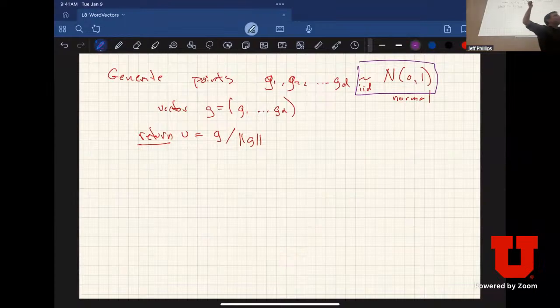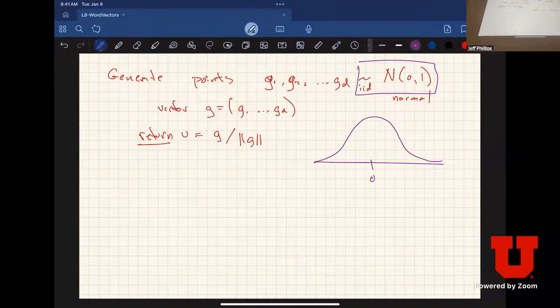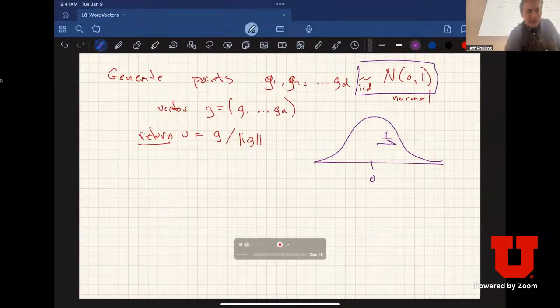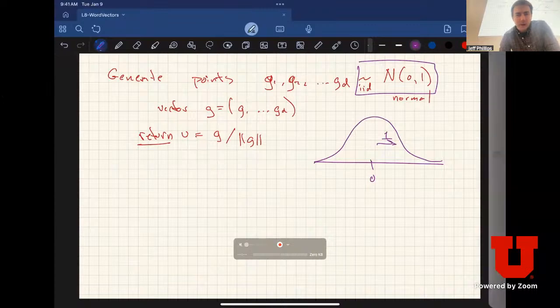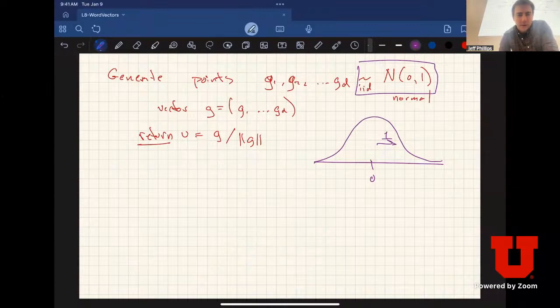If you remember the normal distribution, it's centered at 0, the standard deviation is 1, and it looks like this.